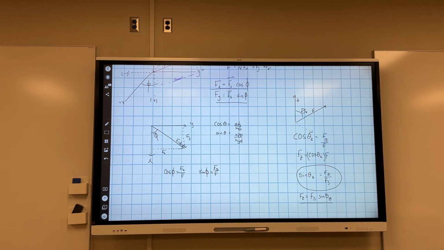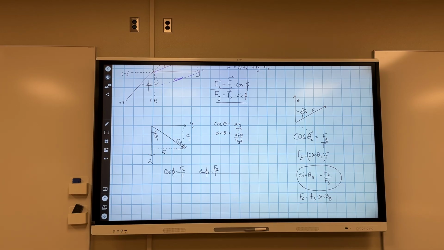Now, you've got three equations and three unknowns. What can you do? There's two options here, right? What are the options? Okay, let's back up. You have two equations and two unknowns. What are your options? Solve one equation with respect to one of the variables and substitute in, right?